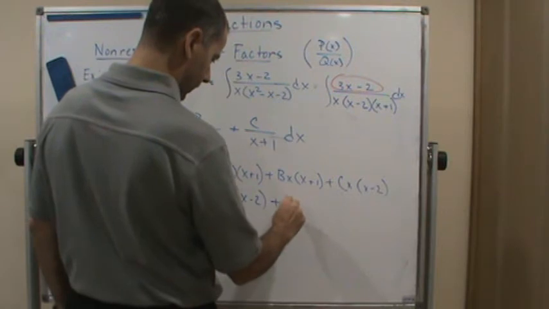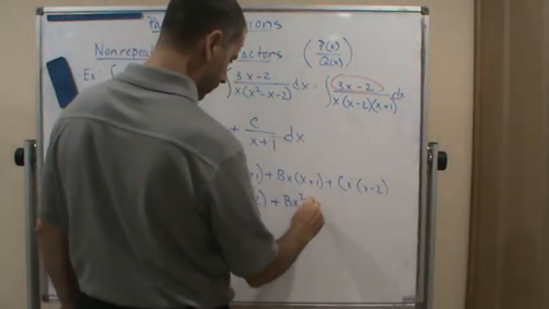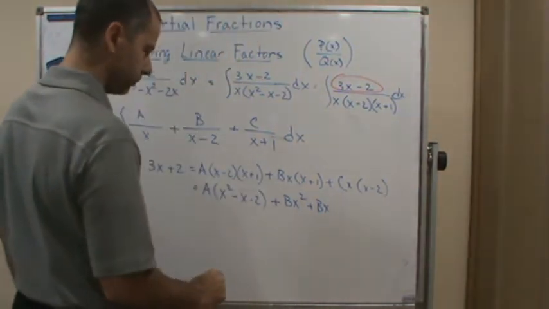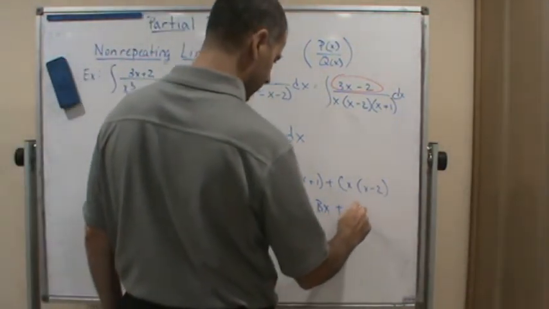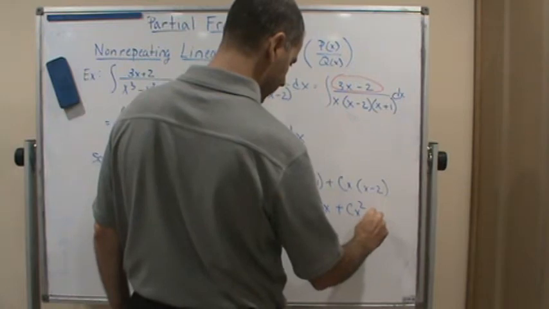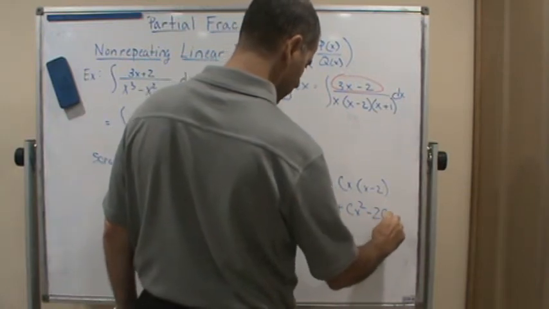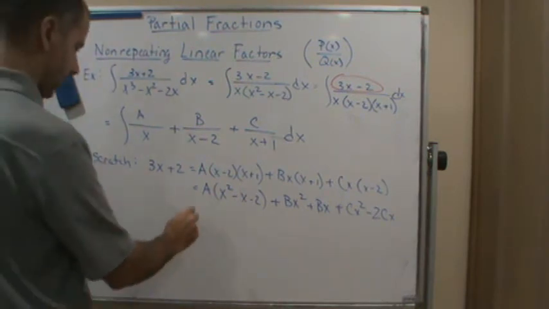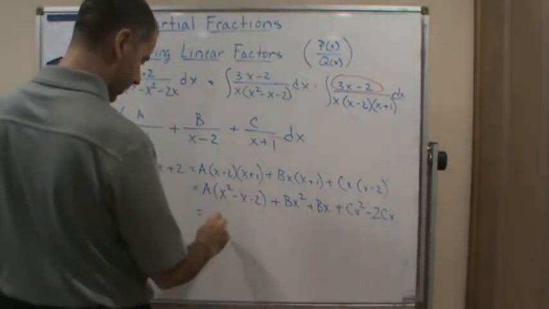This is going to give me bx squared plus bx plus, this is going to give me cx squared minus 2cx.